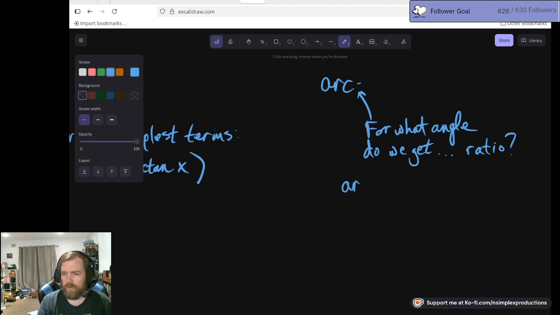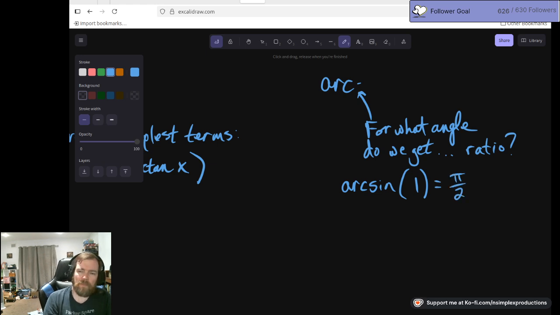So for instance, arc sine of 1, our answer is going to be pi over 2, or 90 degrees if we're doing degrees, but most of the time we're not. So try to stick with it in radians as much as possible.